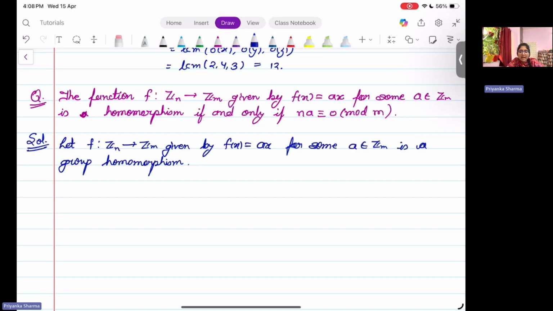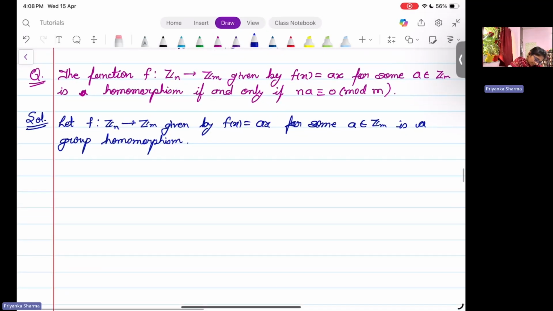Then we will prove that na is congruent to 0 mod m. So how to do that? Since f is a group homomorphism, we have a condition that f of identity is identity, if f is a function from G to G dash, and that is a homomorphism. So from this, we will have f of 0 is 0.